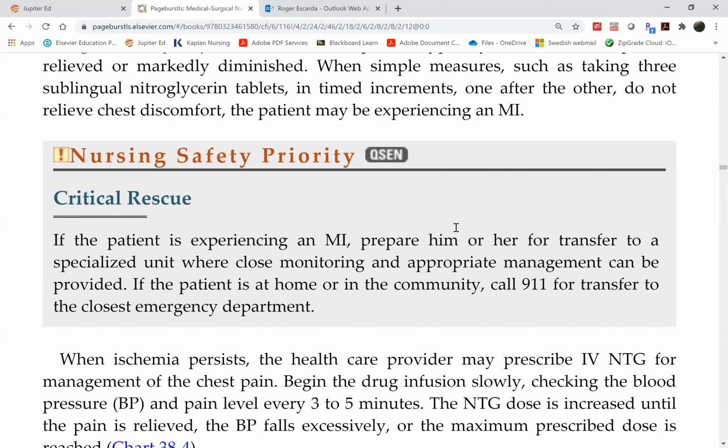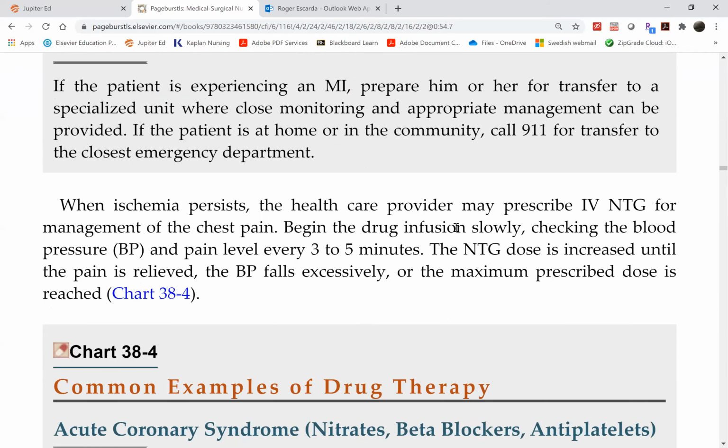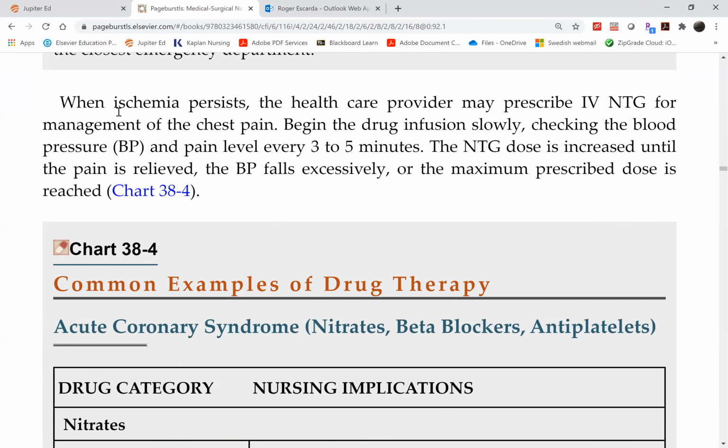Okay, we did that. Professor, that was 3 nitroglycerin max, and then that's it. Yes. So let's say you completed the 3 nitro, and then the ischemia persists, chest pain persists. The doctor will now give you IV nitroglycerin.